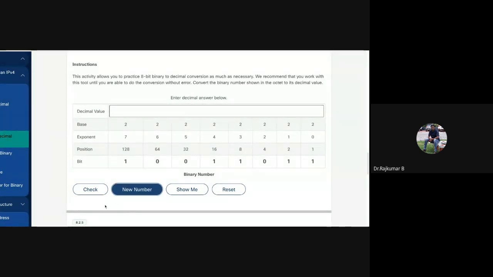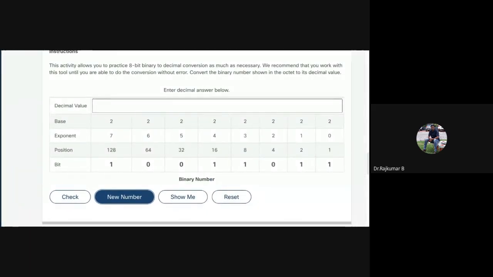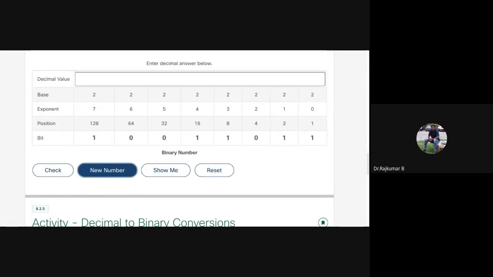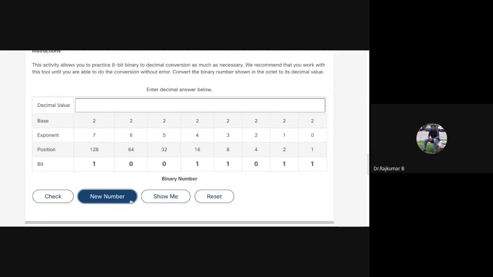155. Is that correct? So let us see. That's true. So let's go with another number. Now tell me what is the value of this.